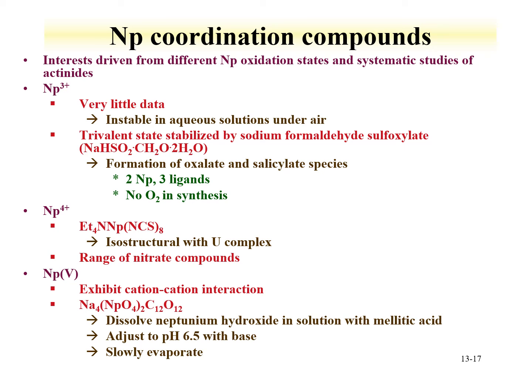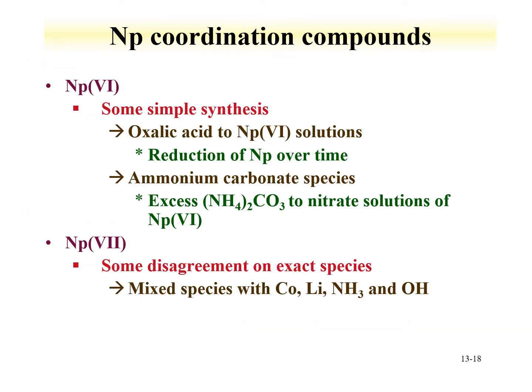Neptunium-5 is shown to undergo cation interactions. For neptunium-6, there's been some simple synthesis, for instance with oxalic acid and neptunium-6 solutions. However, over time these compounds will show reduction of neptunium from the hexavalent oxidation state. And for neptunium-7, there's some literature available, but there tends to be disagreement over the exact neptunium-7 species that are in these coordination compounds.